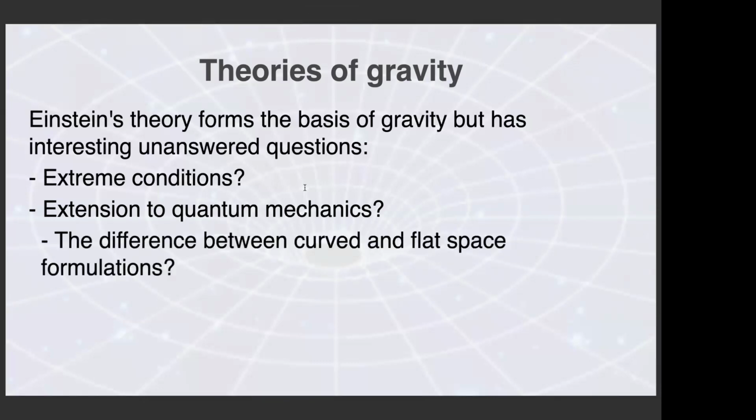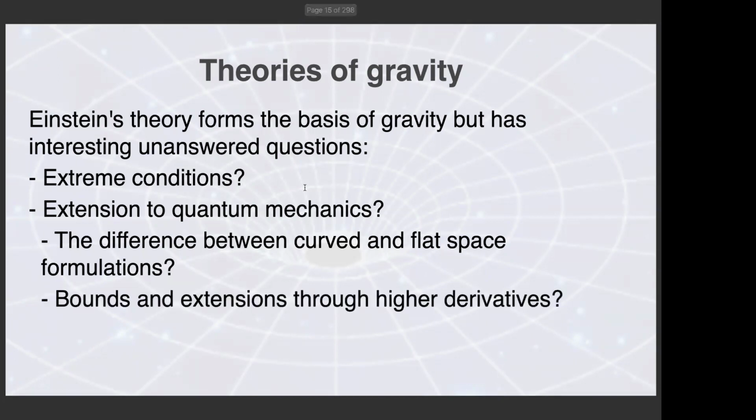We also investigate these questions of how to best formulate gravity. In the amplitude methods, it's very convenient to start with a flat space formulation at infinity, but there's definitely some value in using a curved space formulation also in the QFT. And if we are to extend Einstein's theory into a quantum theory with a minimal extension, there's a need to consider additional terms to Einstein's theory.